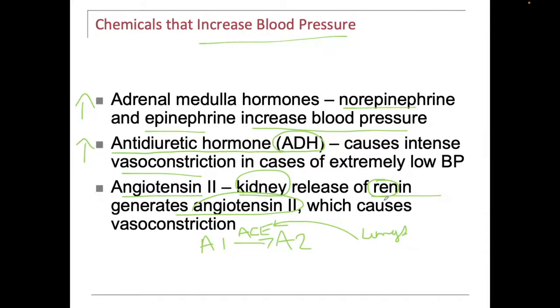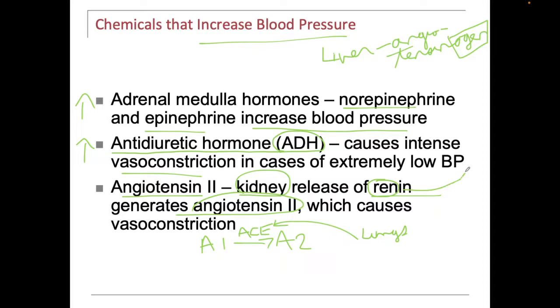Okay, so the liver is what produces angiotensinogen. So the liver produces this, it's one word, angiotensinogen, but anything that ends in ogen is inactive.